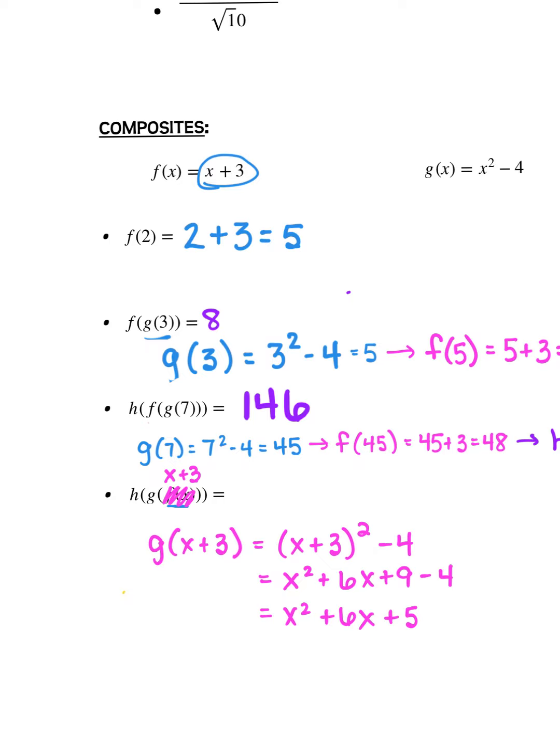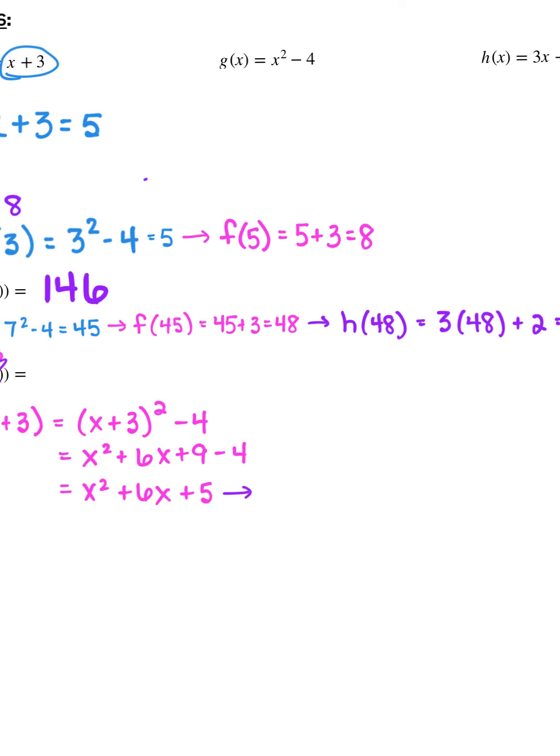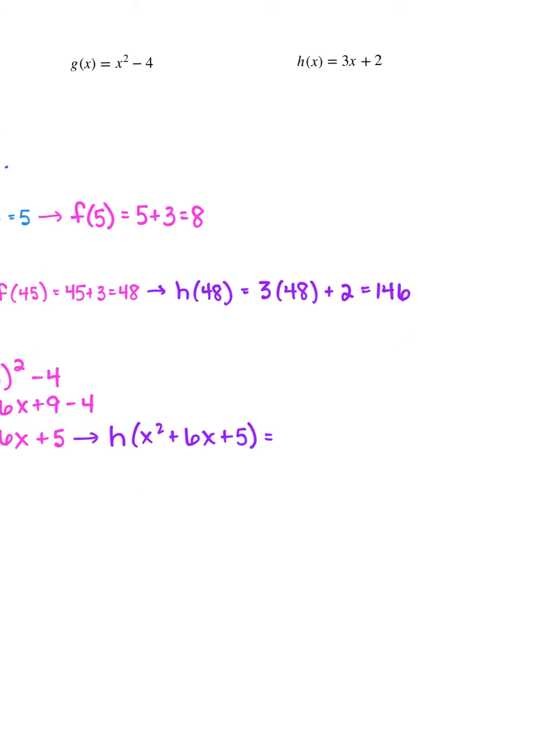And so now I'm not going to try to scribble it out and write it in here, but now what I'm finding is h of this thing. So I am finding h of this expression, x squared plus 6x plus 5, which means that I'm putting that in for x in the h function.